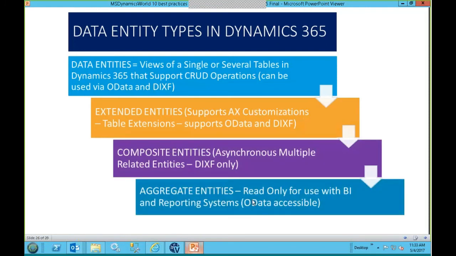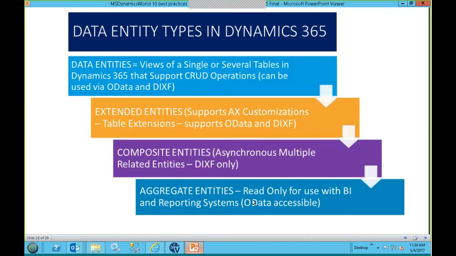Everything that works with integration now with D365 through the framework is through data entity types. And there are 4 types that are available, and it's important to understand what they can and cannot do.